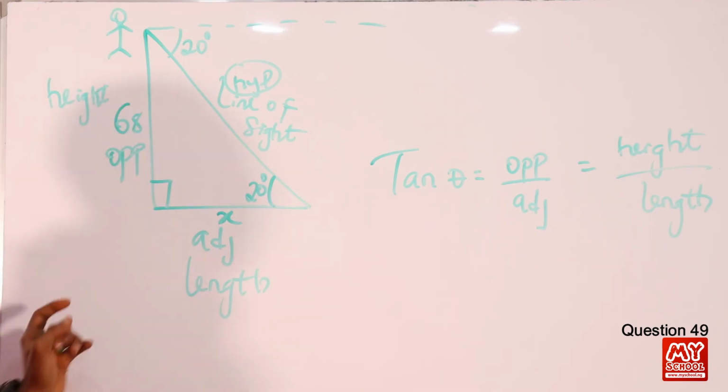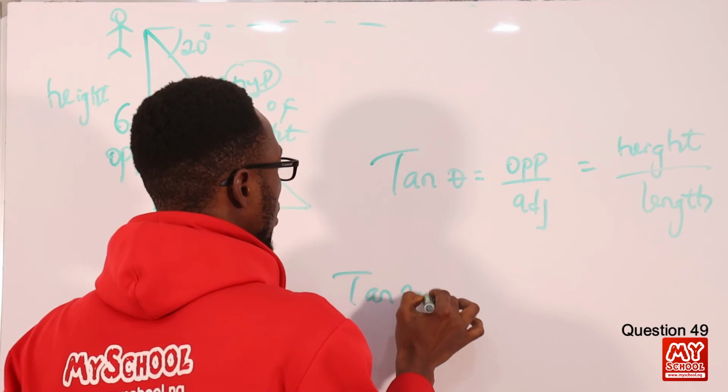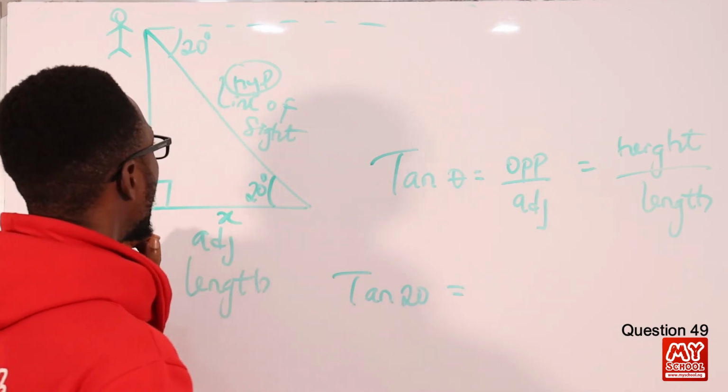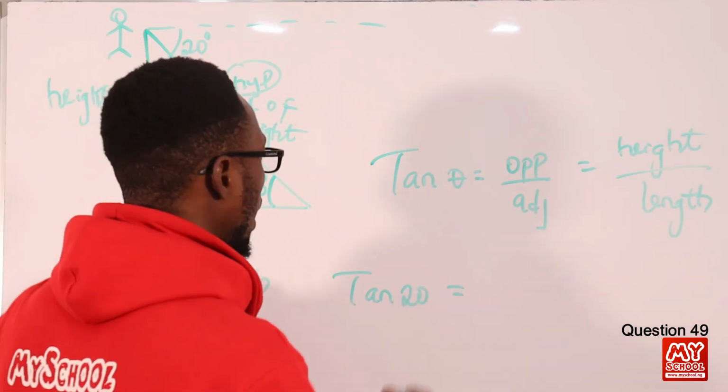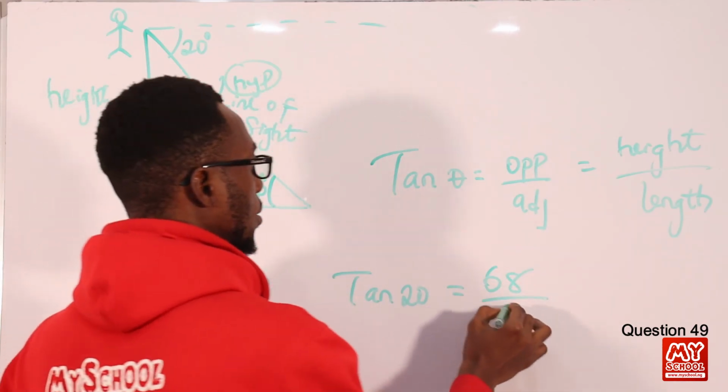So we have tan 20 equals the opposite, 68, over the adjacent, which is x.